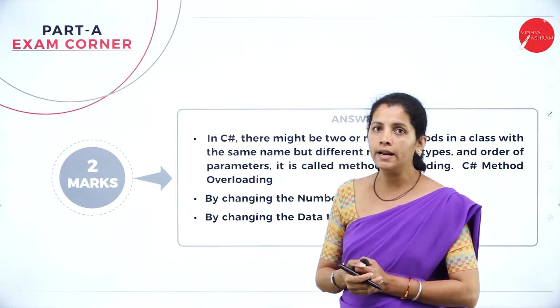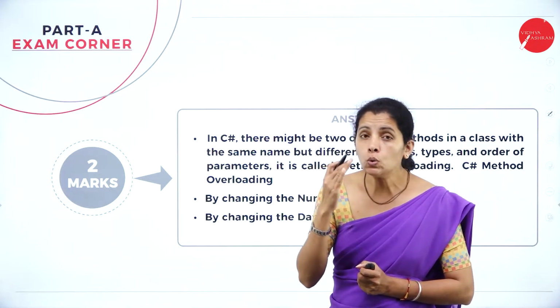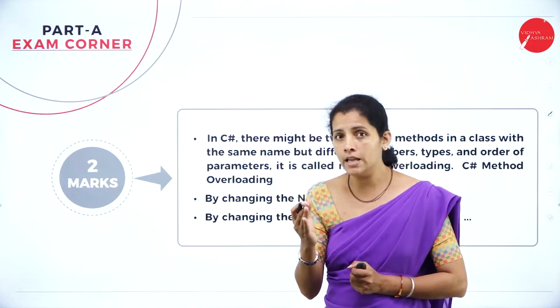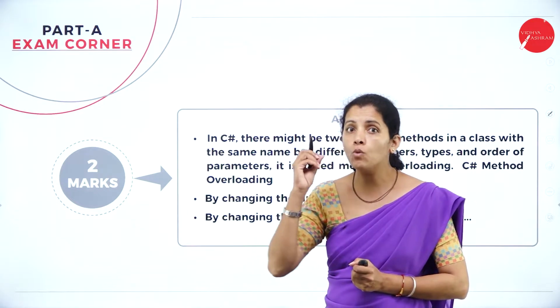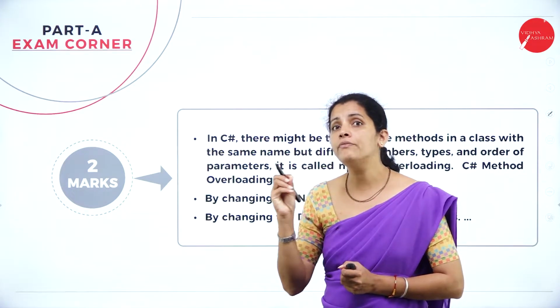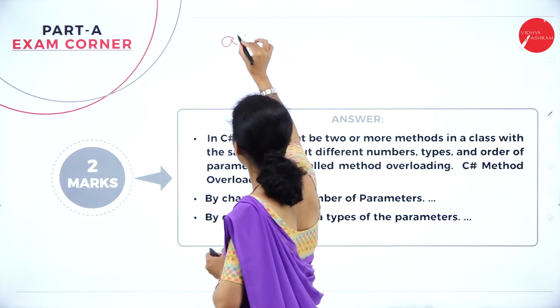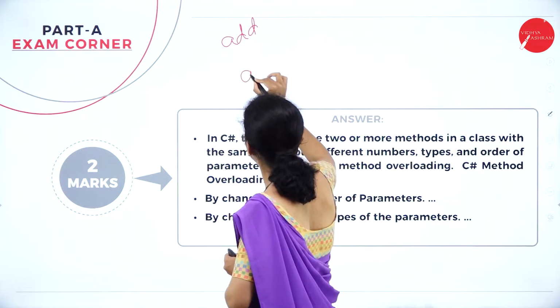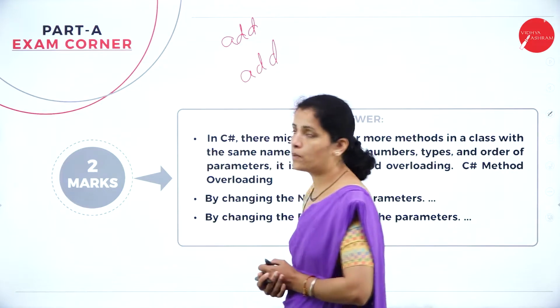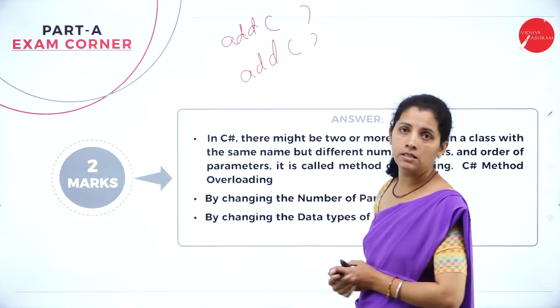So, dear student, I can have more than 2 methods with the same name, but with a different parameter list. In the sense, I can have the add method twice in my program with different parameters.